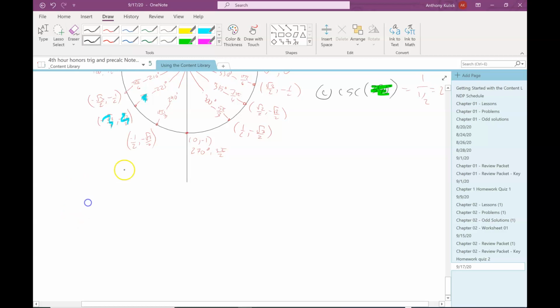What if I asked you to find the value of sine theta if cosine theta is equal to 5 over 7 and cotangent theta is negative?